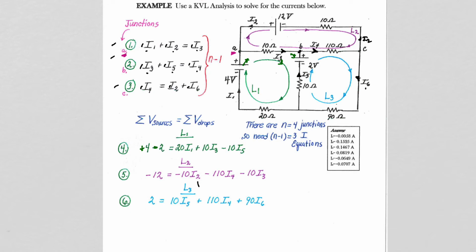We have the loop and the current going in the same direction through the 20 ohms. That's why we have the positive. We have the loop and the current going in the same direction through the 10. So that's why that is positive. And then we should have, yes, we do, the loop going down and the current going up, opposite direction. So that's why we have the negative on the 10.